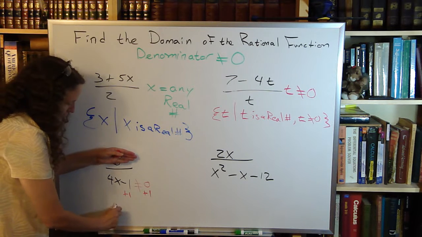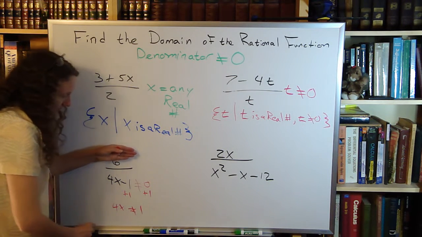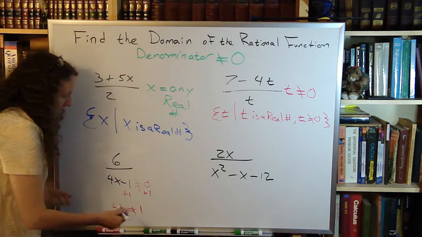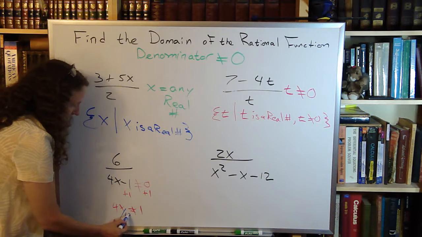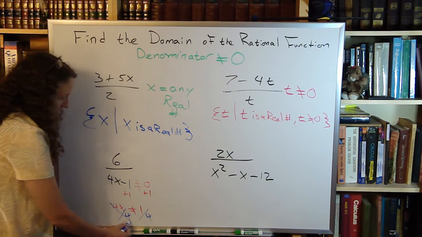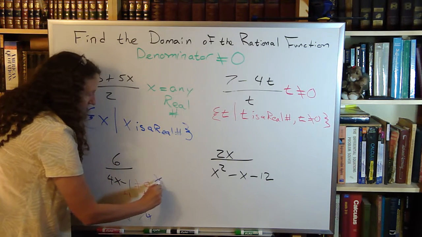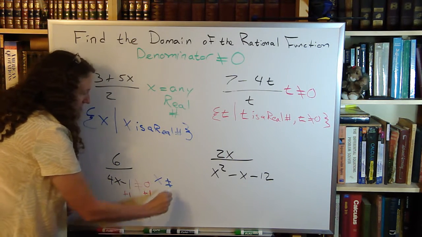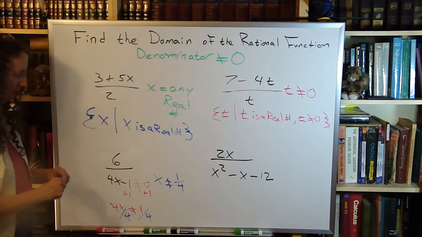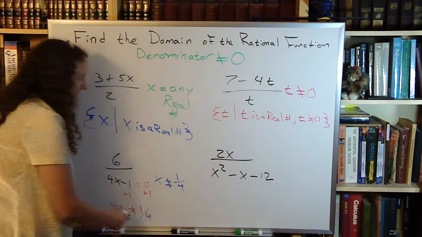So just like any other problem you're solving, we add the 1 over. Now we have 4x cannot equal 1. We divide the 4 out. So 4 cancels 4, and I'm left with just the x there. So I have x cannot equal 1/4. And then I want to write that in set notation.